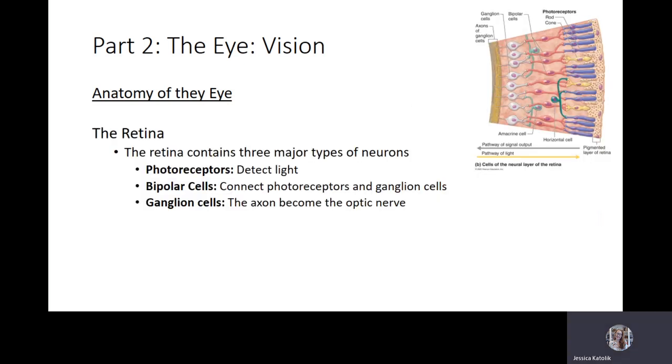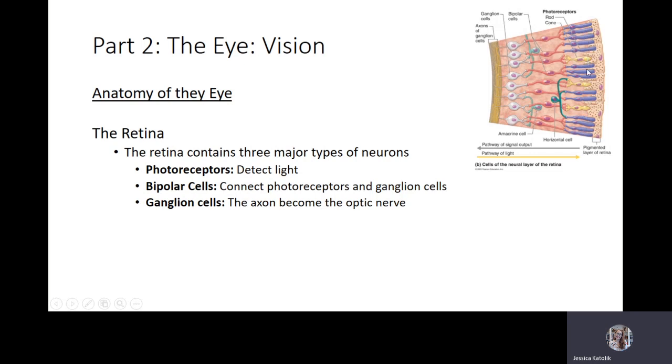Let's look at that neural layer in a little bit more detail and talk about the different receptors that are going to be in this retina. Over here, we're going to have a layer of photoreceptors.